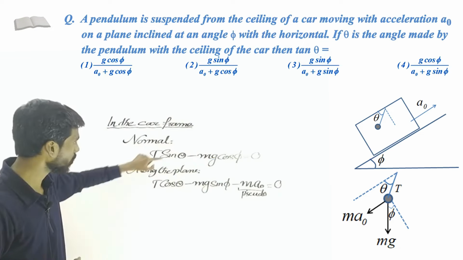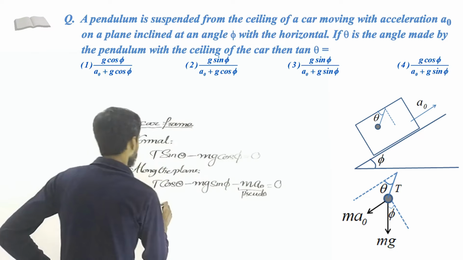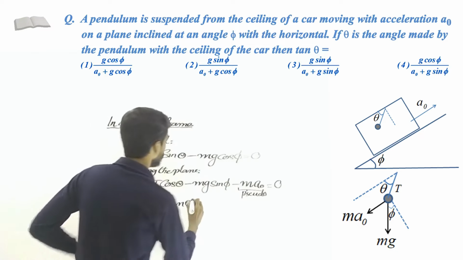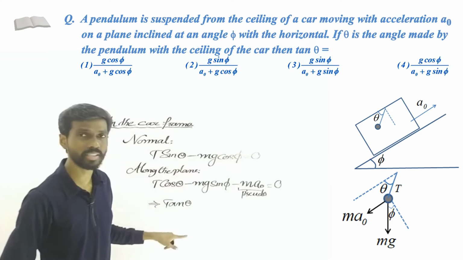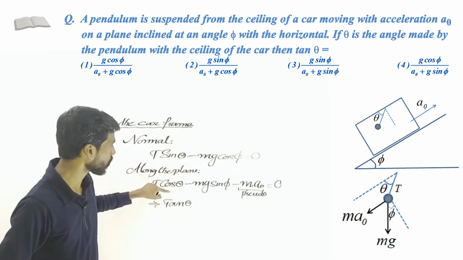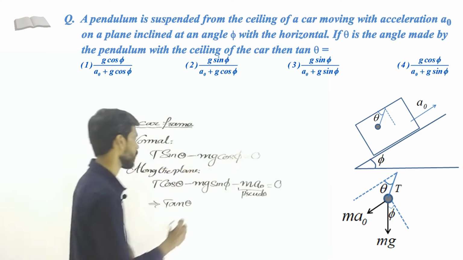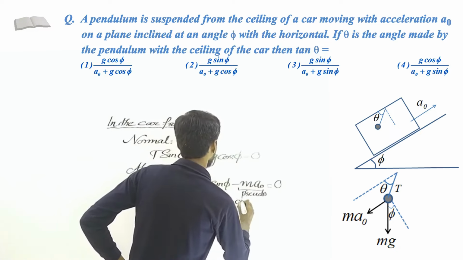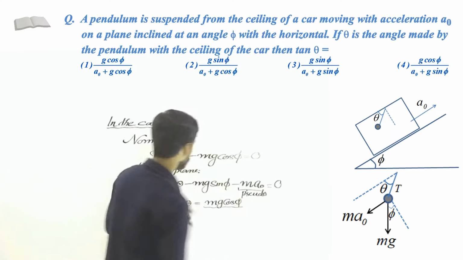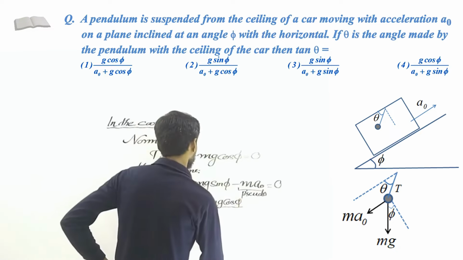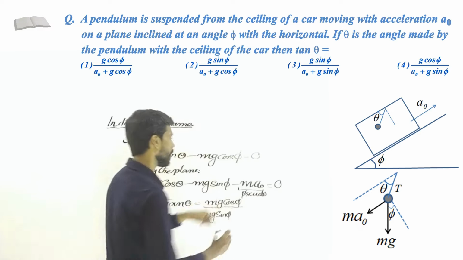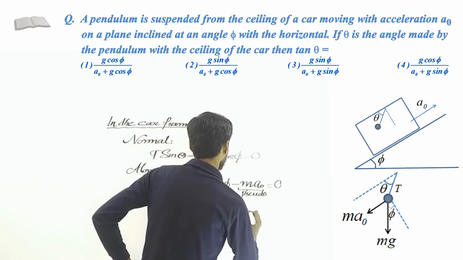So you can divide this, sin theta divided by cos theta, so that is tan theta. You can take all these terms to the other side and divide, that's it. So tan theta equals mg cos phi divided by mg sin phi plus m a0.